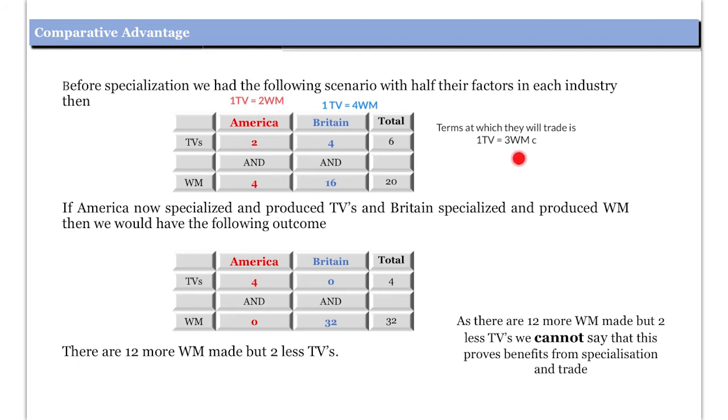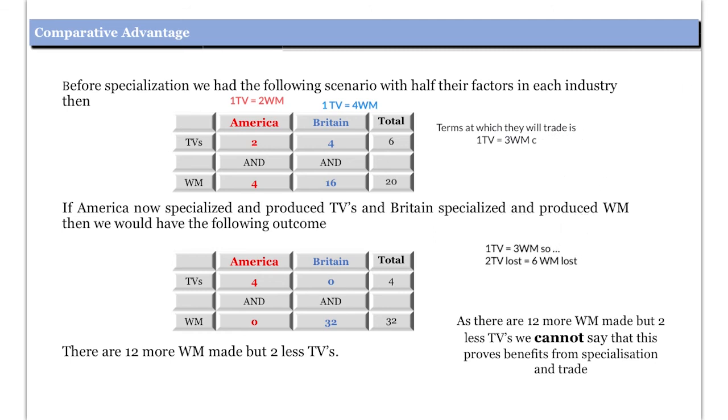And so this is the ratio at which both countries would trade, and it's always going to be between the 2 opportunity cost ratios.